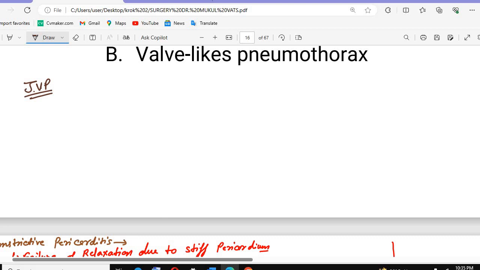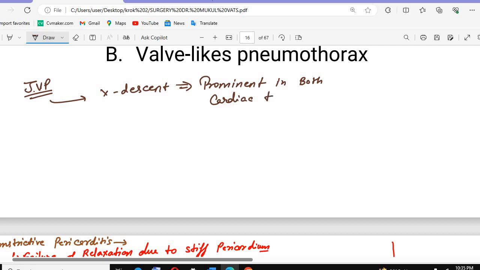So if we see in the JVP, the X descent will be prominent in both cardiac tamponade and constrictive pericarditis.